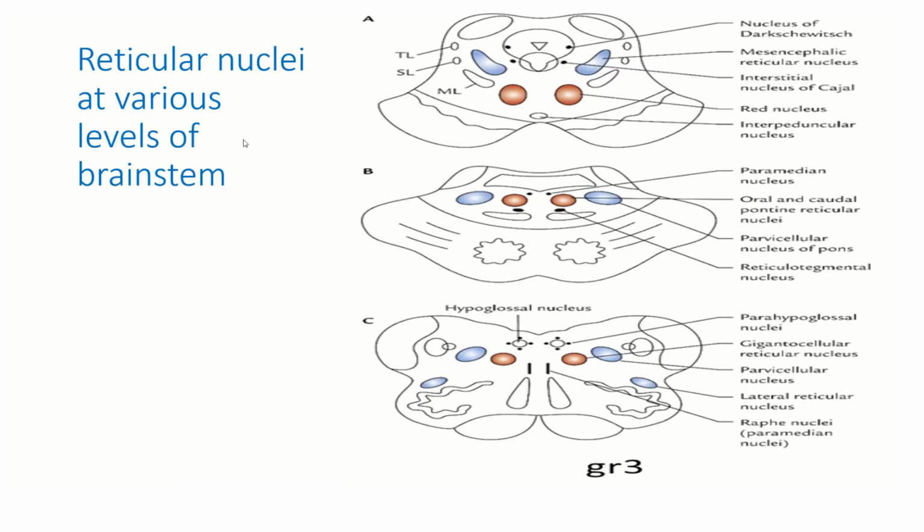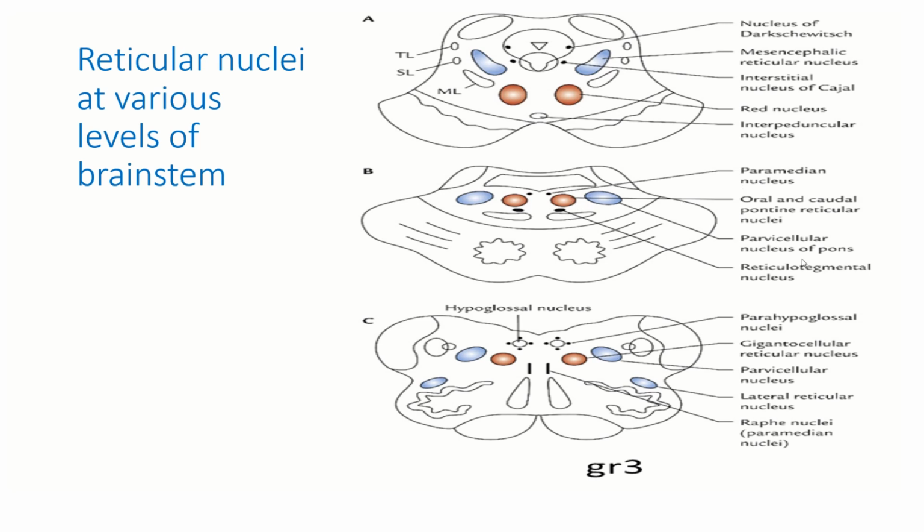You can see here, this is within the midbrain. You can see the mesencephalic reticular nucleus, the red nucleus, the nucleus of Darkschewitsch, the interstitial nucleus of Cajal. So here within the pons, you can see the paramedian nucleus, oral and caudal pontine reticular nuclei.